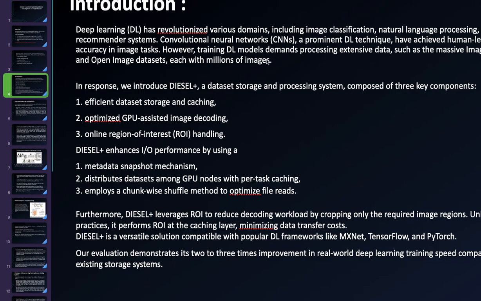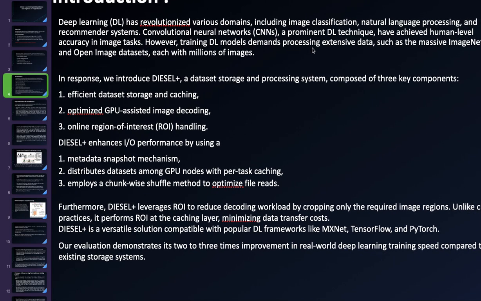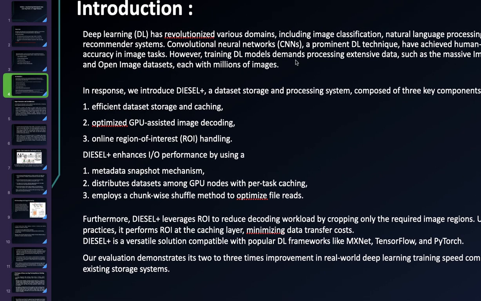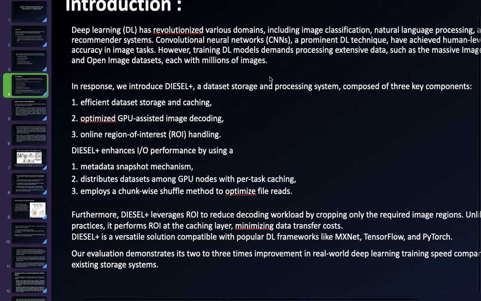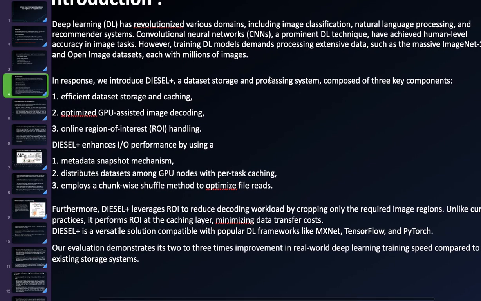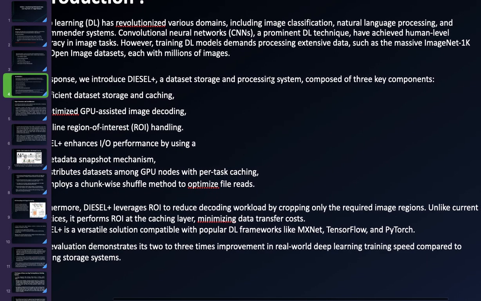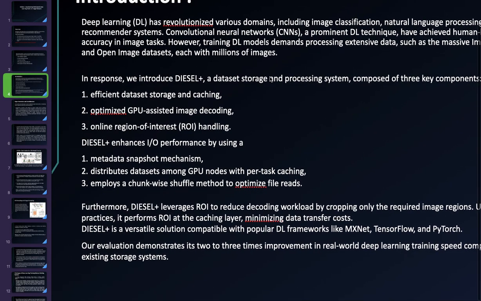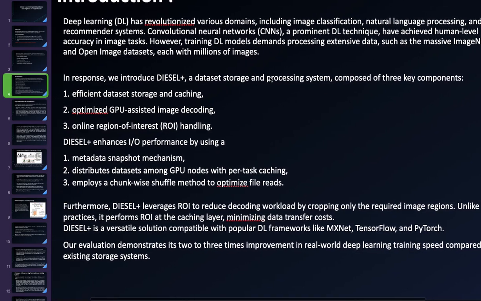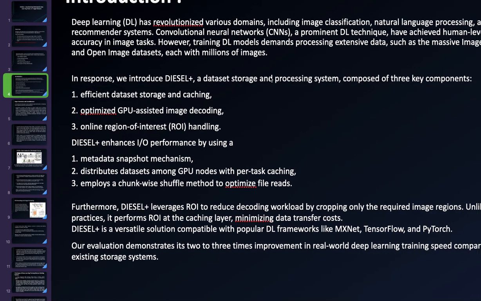Convolutional neural networks (CNNs), a prominent DL technique, have achieved human-level accuracy in image tasks. However, training DL models demands processing extensive data, such as the massive ImageNet-1000 and Open Images datasets, each with millions of images.